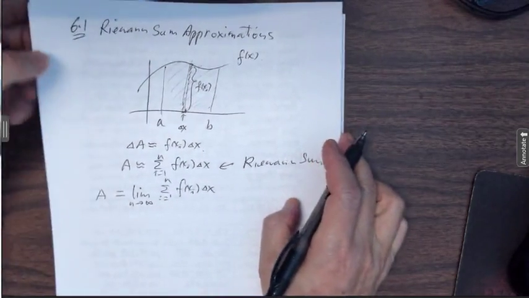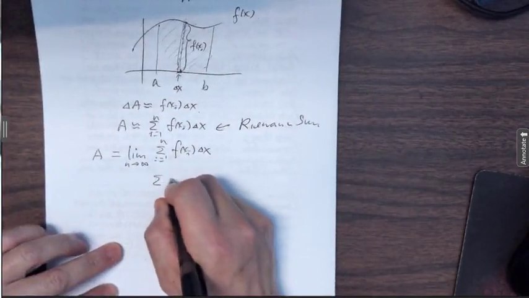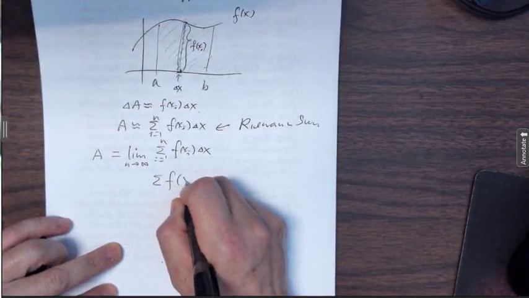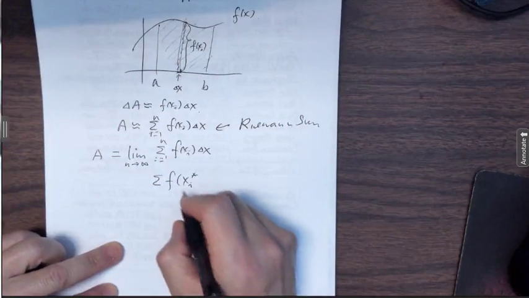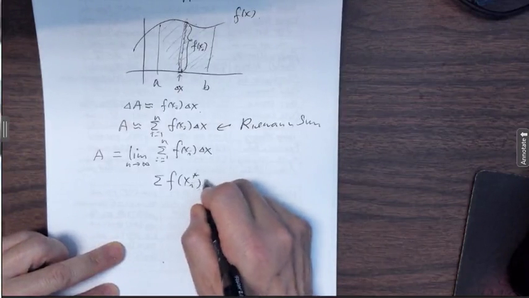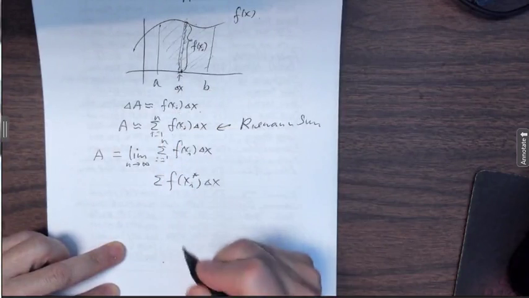So the Riemann sum can be generally written with x sub i star, which represents any point from the short section.